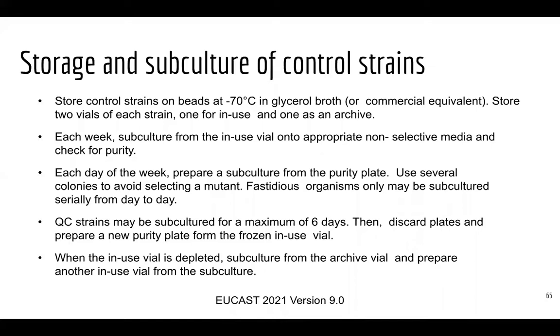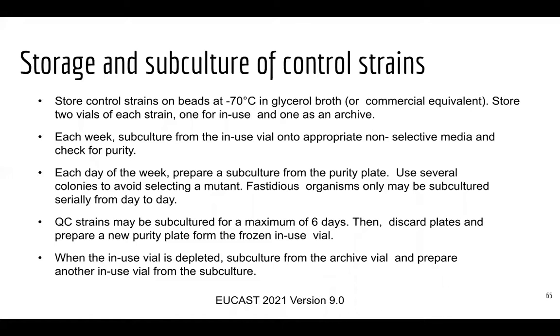But a lot of the time your lab will be using quality control strains constantly, and so you can take a small sample, especially from a plate, and use that plate sample to inoculate a new one of your quality control strains each week. During that week you can take the broth or culture that bacteria again the next day, grow up again, and then again and again for up to 6 days.